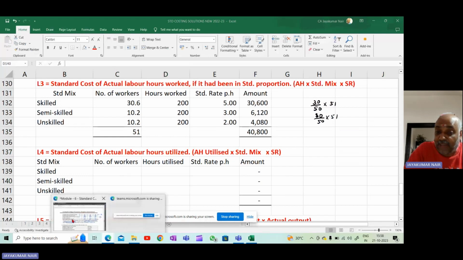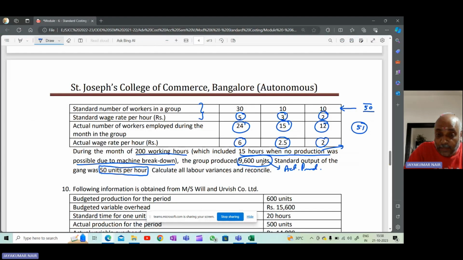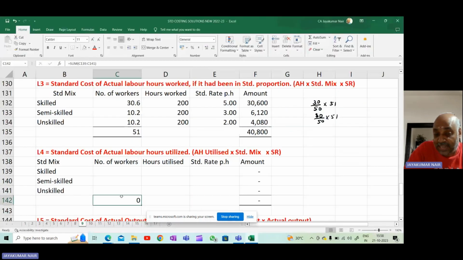We are paying for 200 working hours, but out of 215 hours they were idle because of machine breakdown. So what is the effective hours that they have worked? In other words, the labor hours utilized. So what we will do is take the same thing here. Table 3 and L3 and L4 is almost the same.